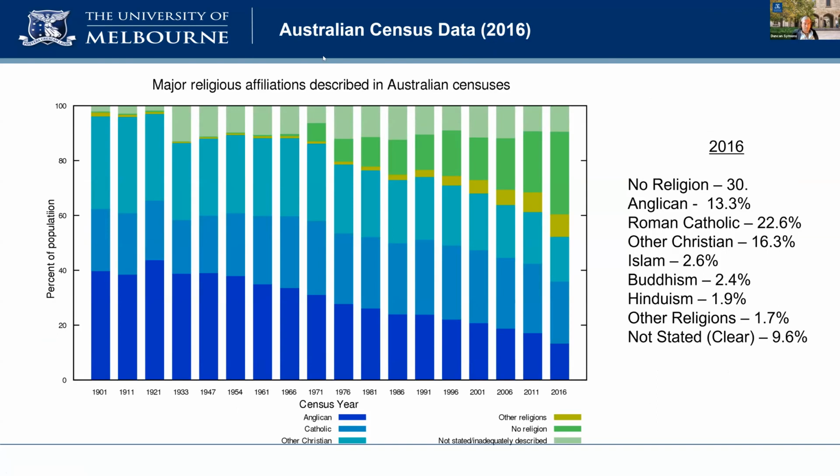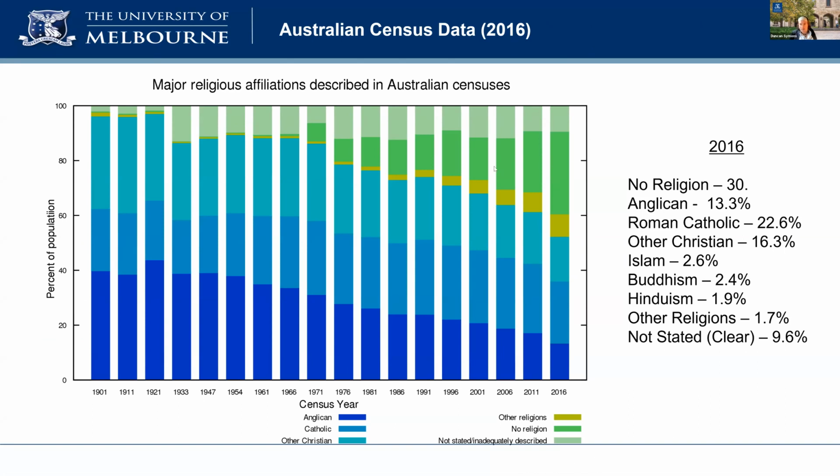This is just a bit of data that I thought I'd point out. Along with the increase in Australians believing in evolution via natural selection across the last 30 odd years, something else that's gone along with that has been the increase in Australia of people claiming to have no religion.